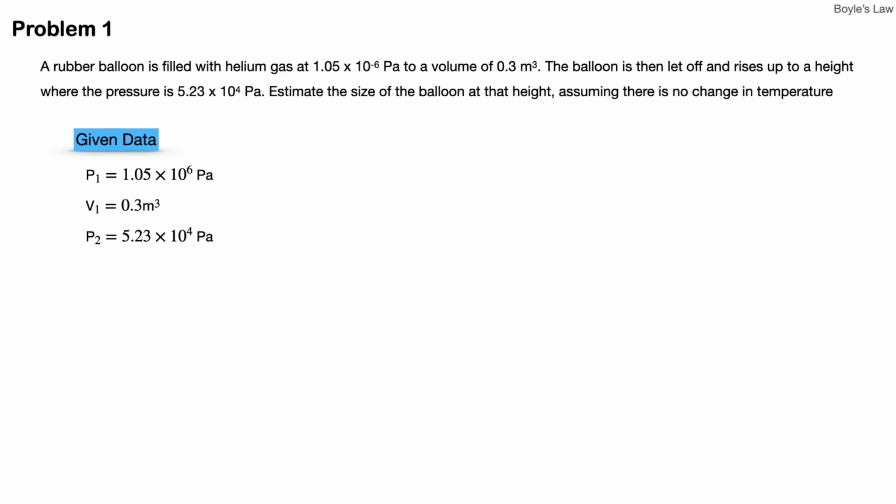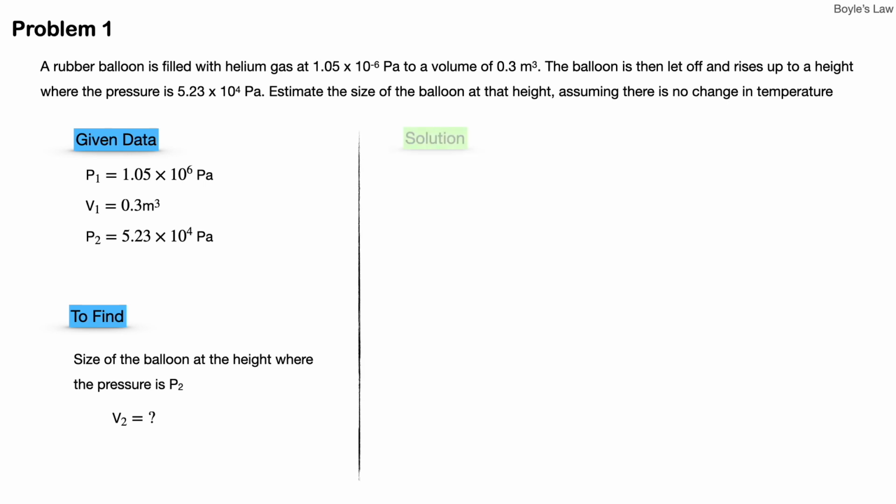And since we know that the gas inside the balloon has the same volume as the balloon, we are going to calculate the final volume of the gas, which will reflect the size of the balloon itself. So at pressure P2, we need to find V2.